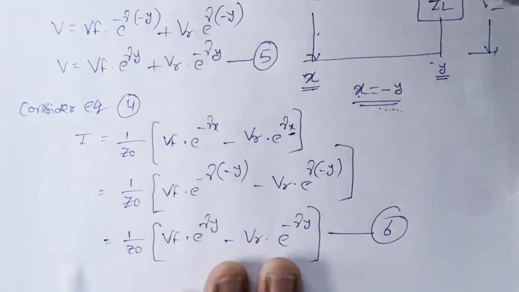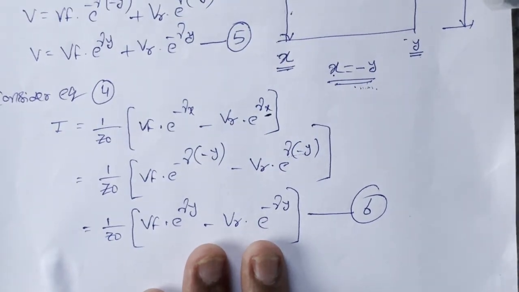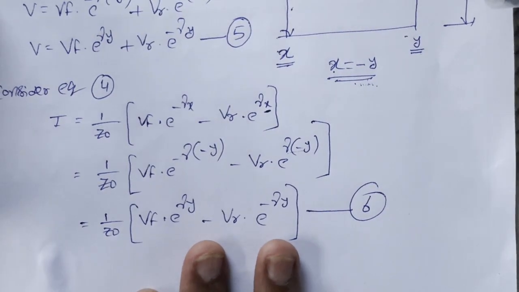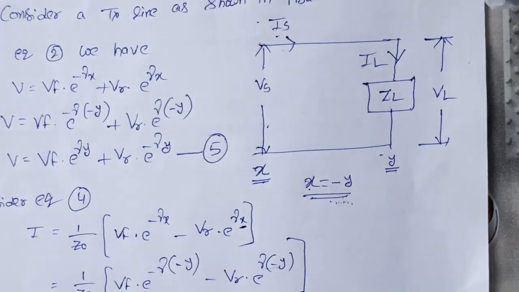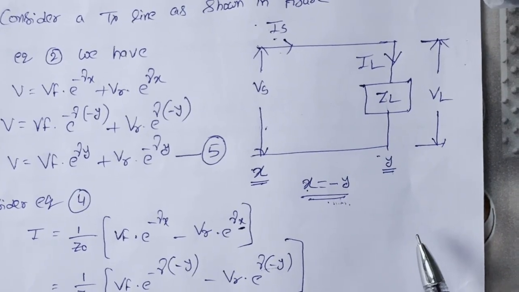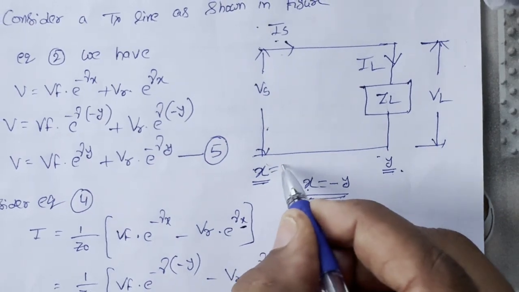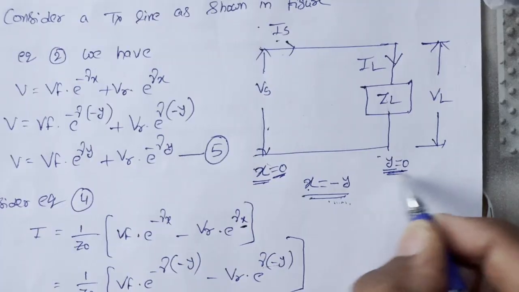So it is equation number 6. Now I have to analyse equations 5 and 6. Then I get the expression for the reflection coefficient K. Now finally, from the figure again, look here. At y equal to 0, that means at this end, the value of x is 0 and the value of y is 0.